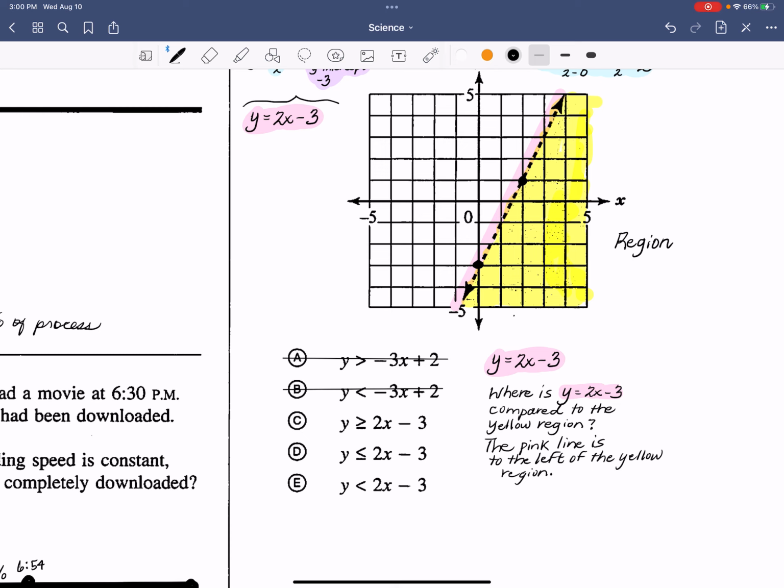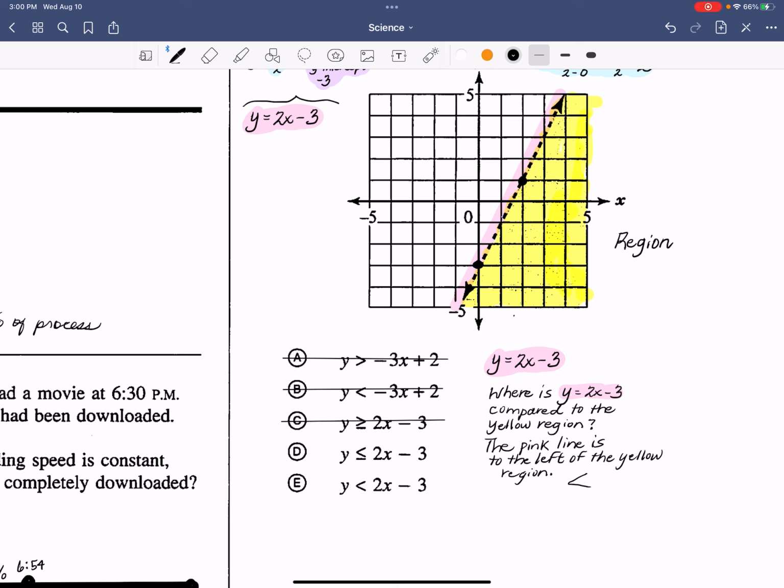Okay, if the pink line is to the left of the yellow region, I can eliminate C, because C is saying that it's to the right of the yellow region. We want something facing left. We want to get them to grasp the concept that the pink line is on the left side of the yellow region.